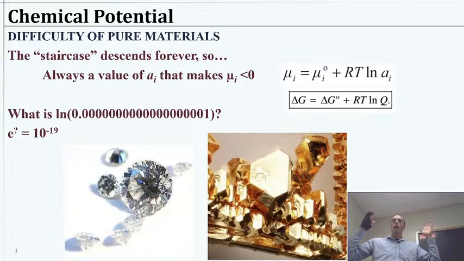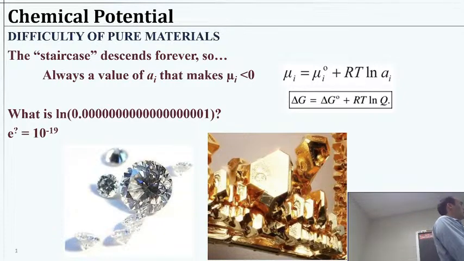Well, in practice, that staircase can go down pretty much forever, meaning you can get smaller and smaller concentrations, closer and closer to zero. So if you were to do that, and you have very, very low chemical potential, well, what happens to our equation here is the activity.